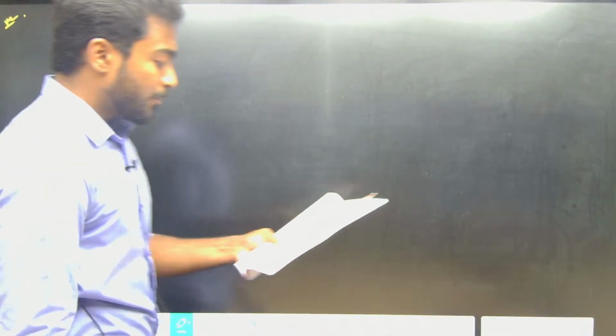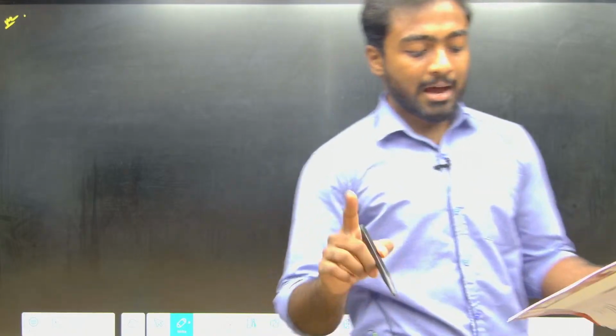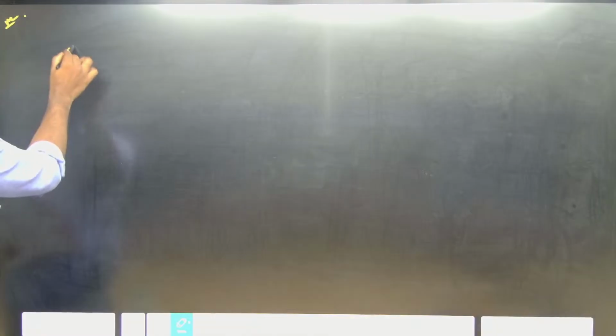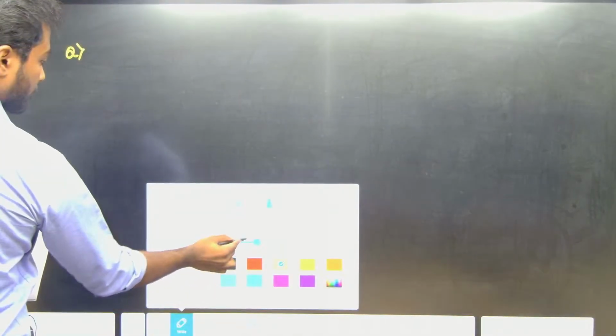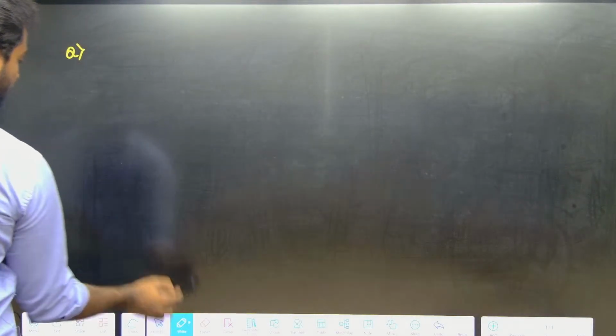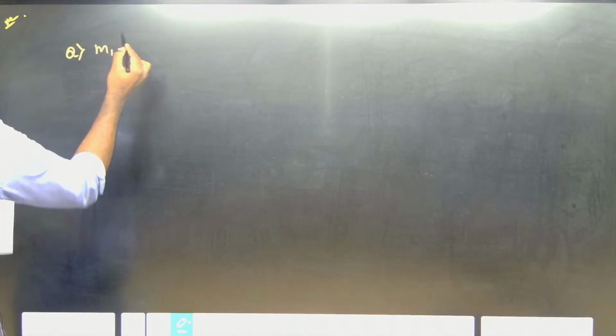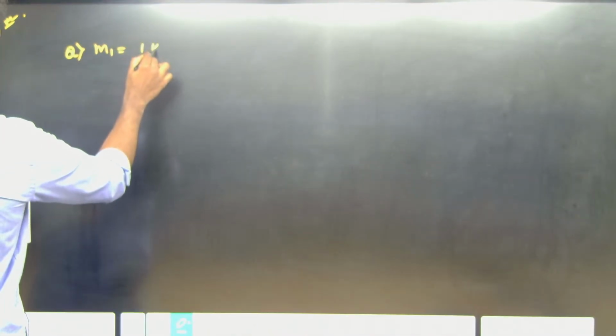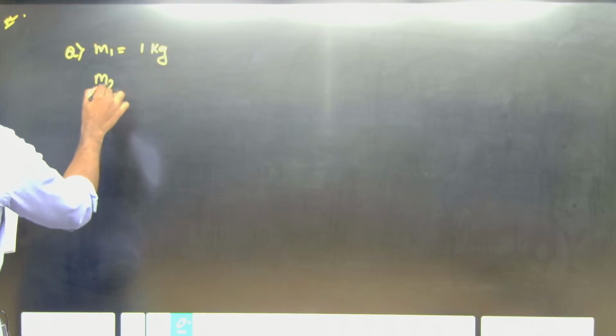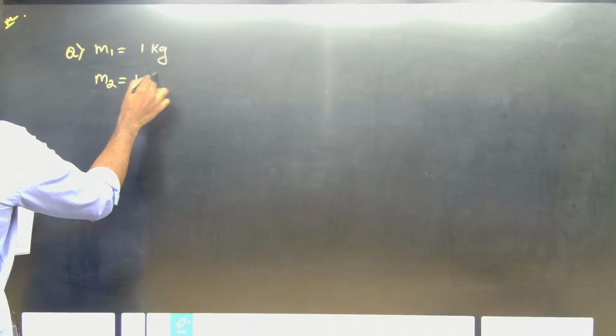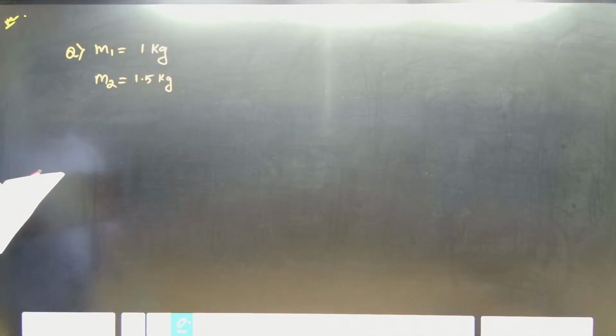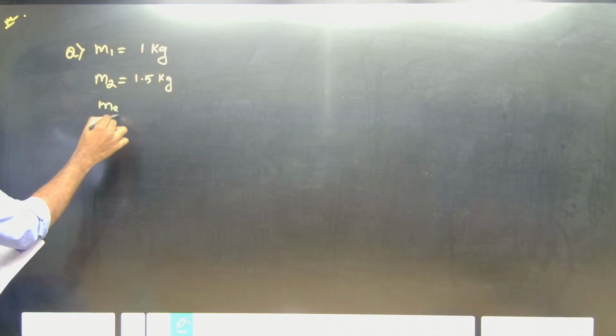So, the question is, there are three blocks: mass 1, mass 2 and mass 3. Let me write the masses here. M1 equals 1 kg, M2 equals 1.5 kg, and M3 they have given as 2 kg.